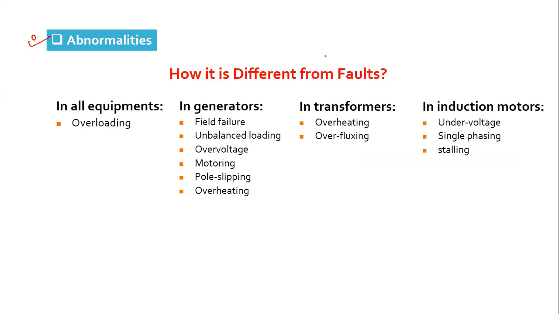And what are the examples of abnormality? Overloading in all the equipment. Overload is an abnormal operating condition. This we will see later on in the specific units. You need not worry about it right now.